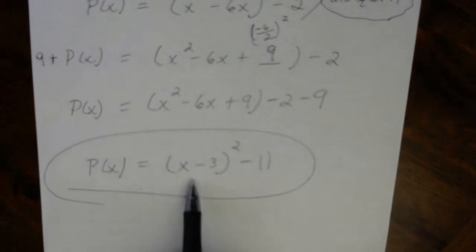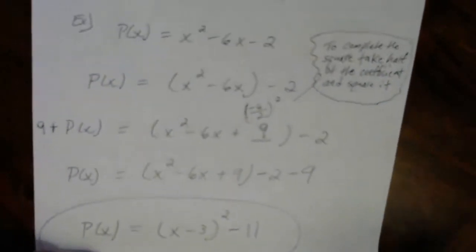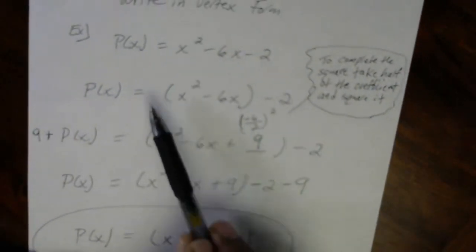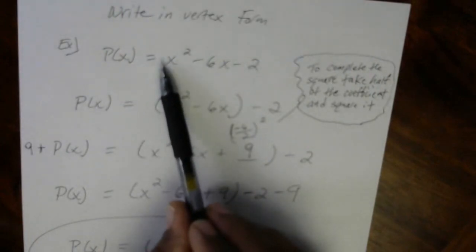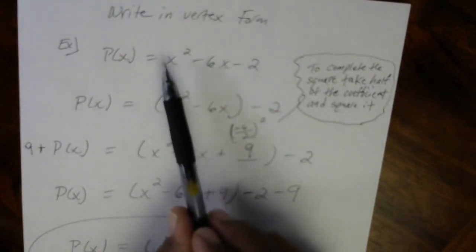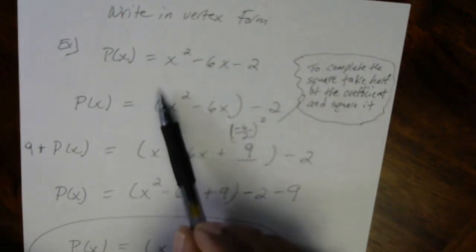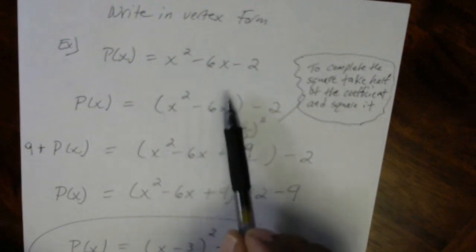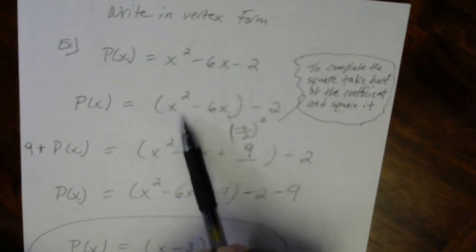All right, any questions on where this comes from? All right, we had to complete the square. Kind of go back to this. First thing we had to do is make sure that the coefficient of our squared term was 1. Since we had that condition, we grouped the squared term and the first degree term. These are the terms we need in order to complete the square.